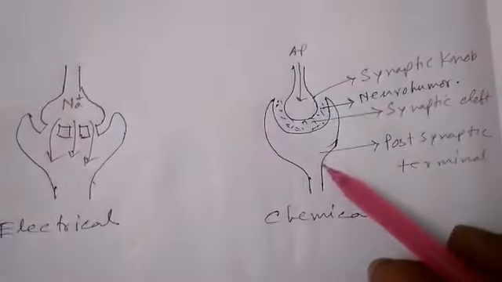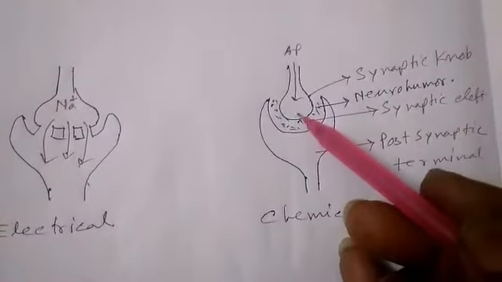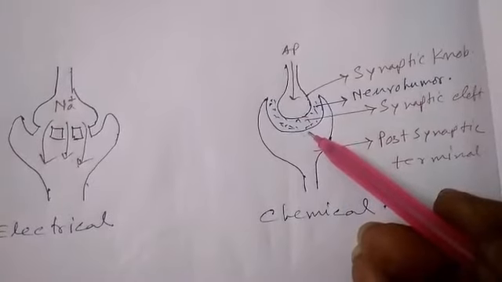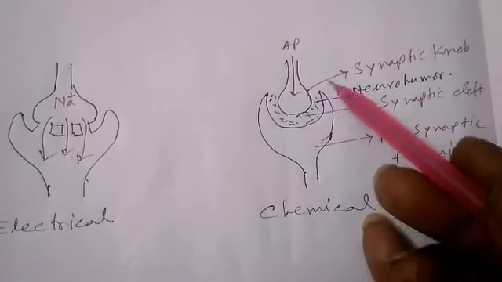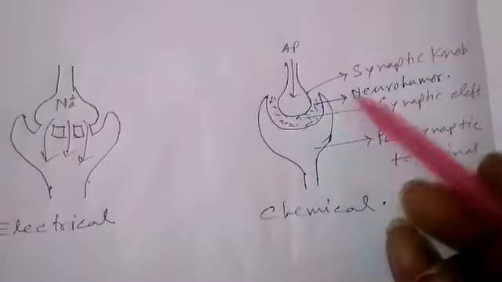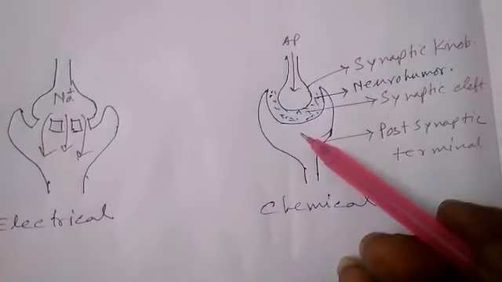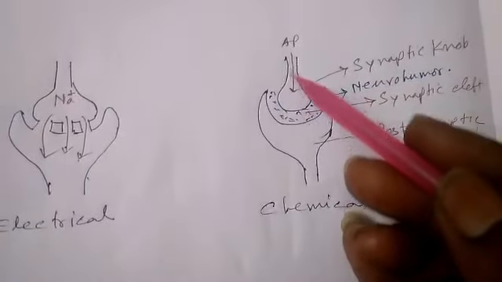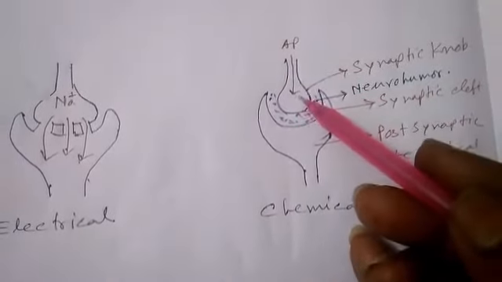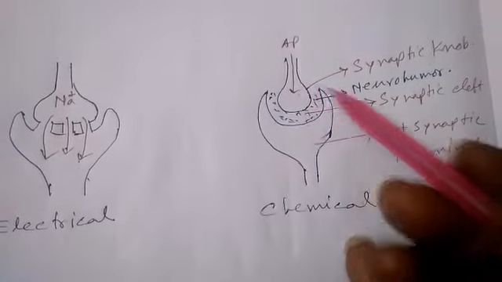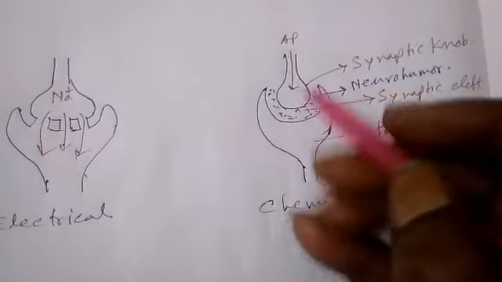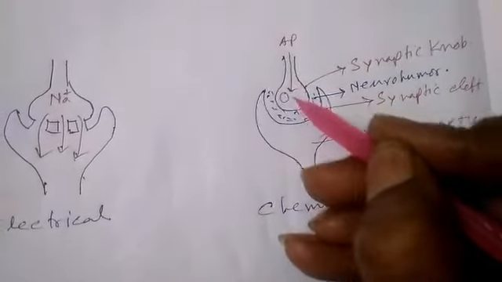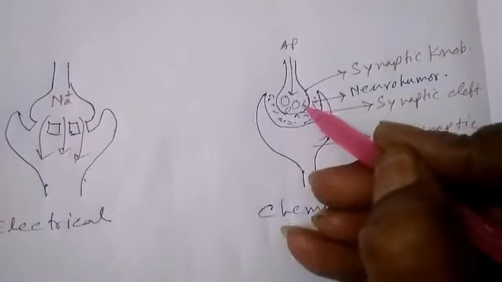On the other hand, there is another structure of synapse. There is a gap between the previous and next neuron. This gap is known as synaptic cleft, but there is no cytoplasmic connection. There is no gap junction. The previous neuronal terminal is the presynaptic terminal. It contains some vesicles filled with some chemicals.